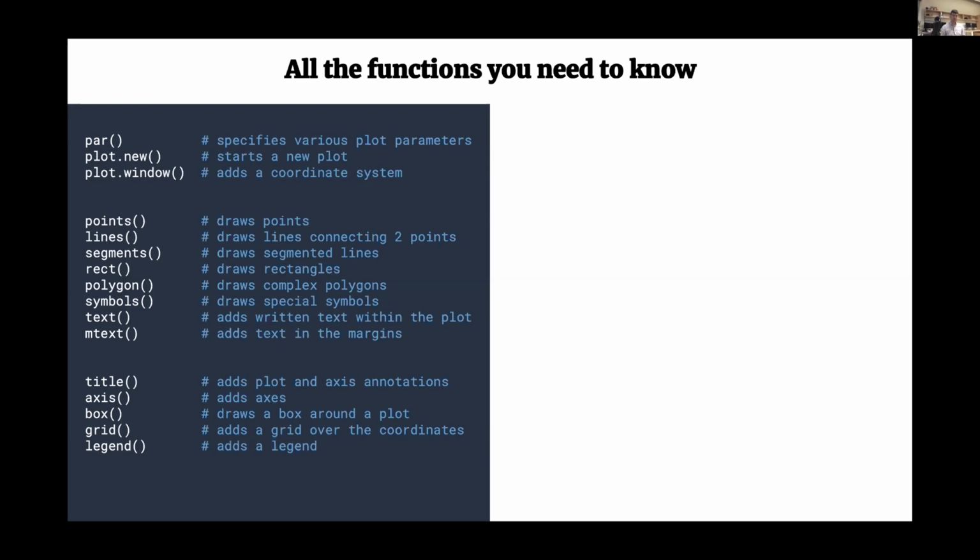And it turns out that the set of things you might want to do for a plot is really quite limited. So here I tried to provide a set of functions that would be quite sufficient to produce almost any kind of plot. And in the next slides, I will try to demonstrate how you could use those functions to really recreate the plots you want to see.